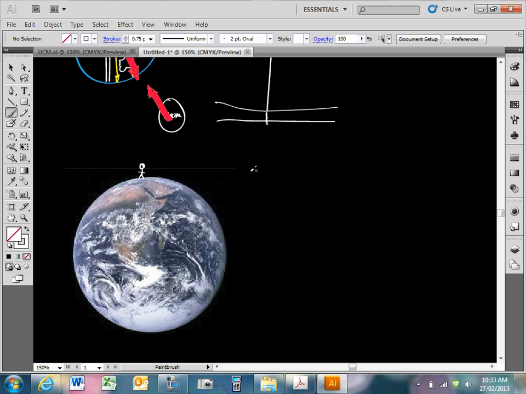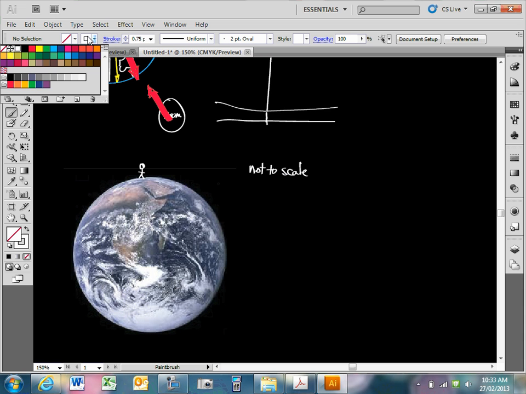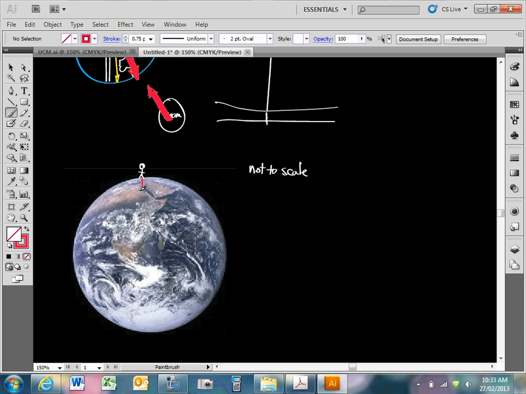This one's still not to scale. I better say it: not to scale. Now, I don't know what length we would draw these vectors, but I'm being pulled towards the center of the Earth, and we always draw these forces from the center of the masses.